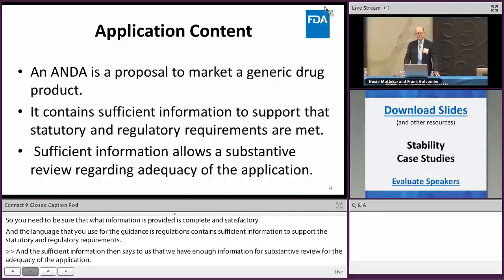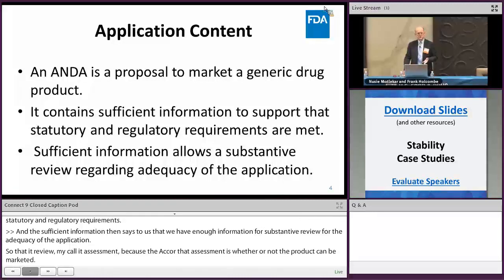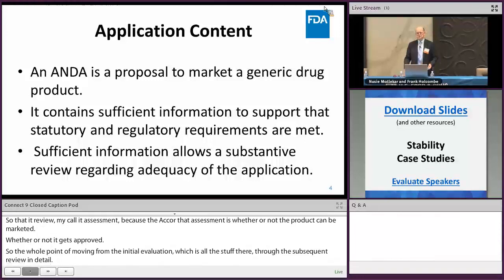So the whole point of moving from the initial evaluation, through the substantive review, the detail, is to say, yes, this application is sufficiently coherent and correct that we can give it to a patient once we approve it.